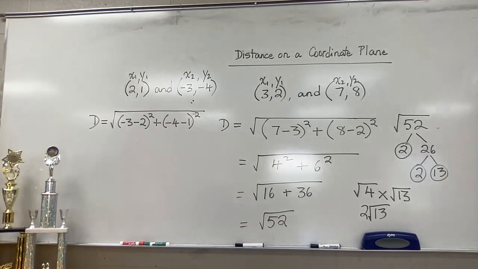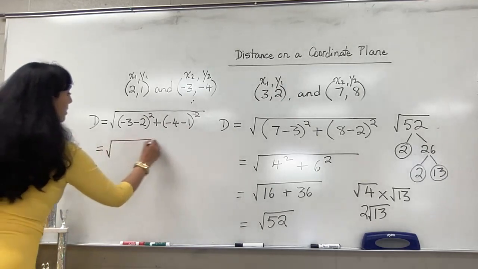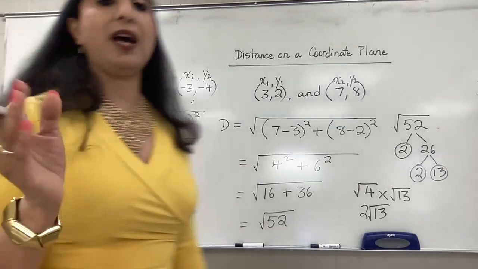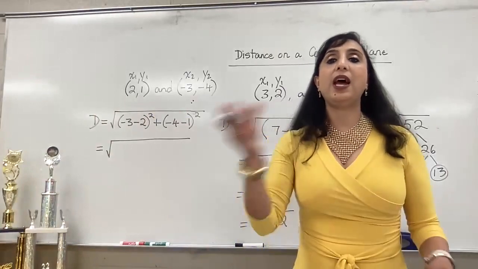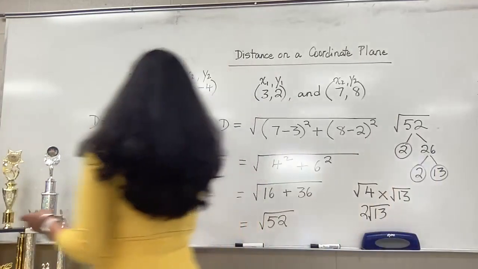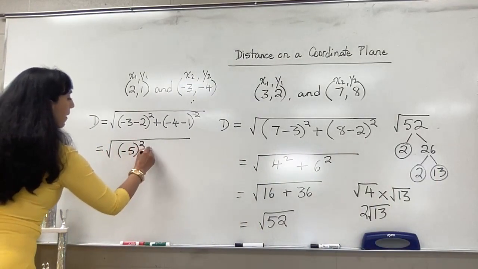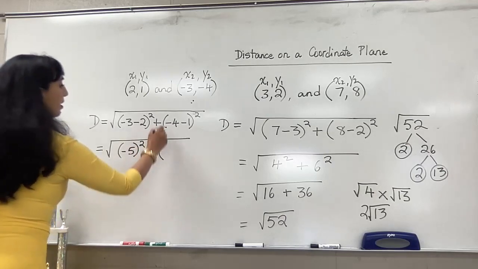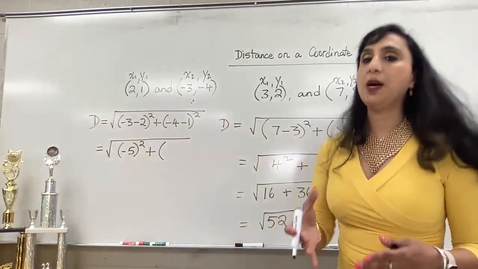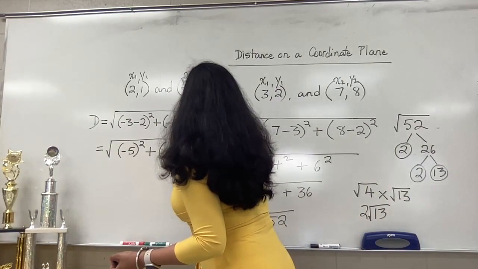Now, when we have integers which are the same sign, we basically add them. It's like saying I have 3 negatives and 2 more negatives, so that gives me a total of -5. So this is -5 squared, plus, same thing here, you have 4 negatives and another 1 negative, so the total is -5 squared.